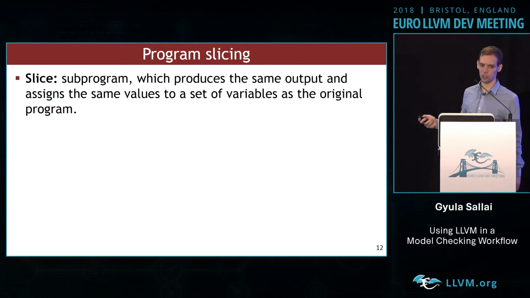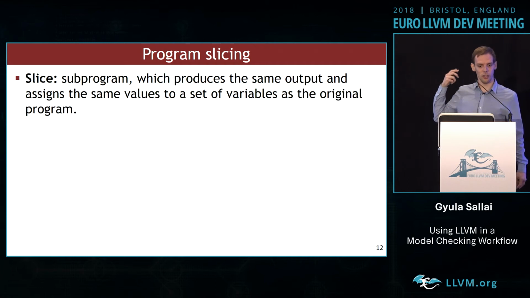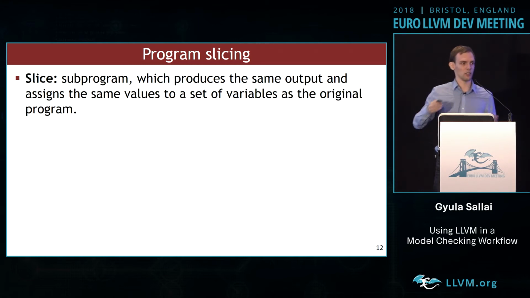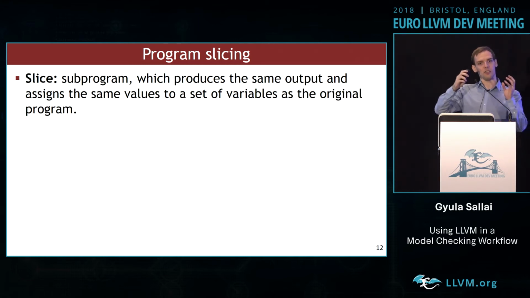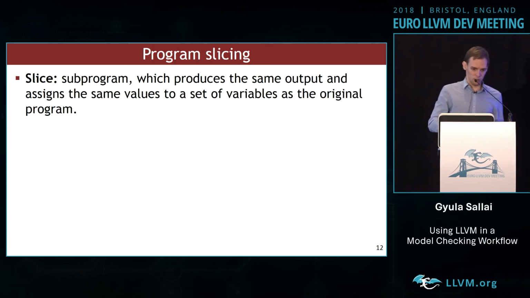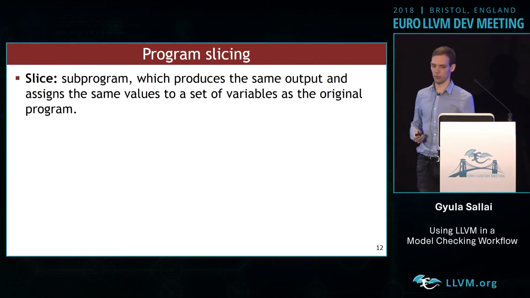By definition, a program slice is a subprogram which produces the same output and assigns the same values to a given set of variables at a given location as the original program. We pair this given set of variables and given location into one entity called the slice criterion, and this will be the basis of our slicing.